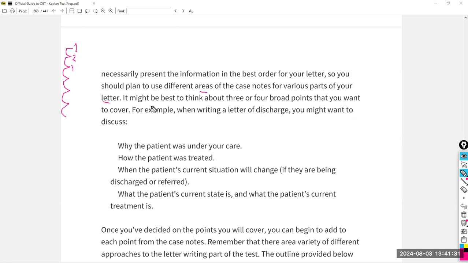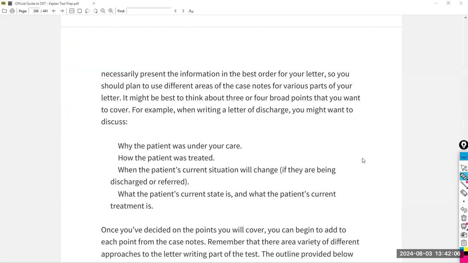Okay, now it might be best to think about 3 or 4 broad points that you want to cover. For example, when writing a letter of discharge, you might want to discuss: why the patient was under your care, how the patient was treated, when the patient's current situation will change, if they are being discharged or referred, what the patient's current state is, and what the patient's current treatment is.